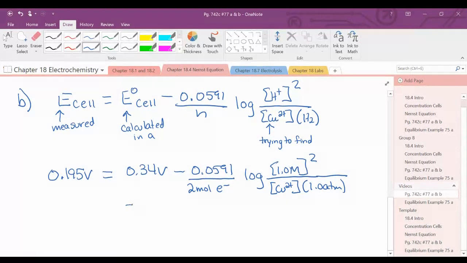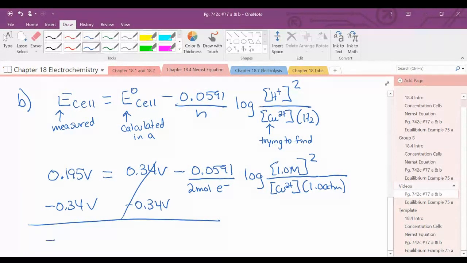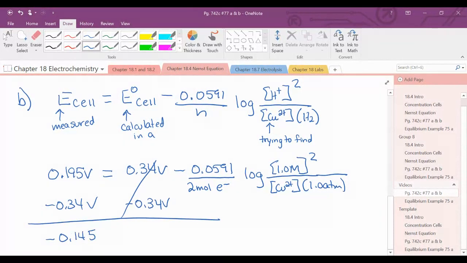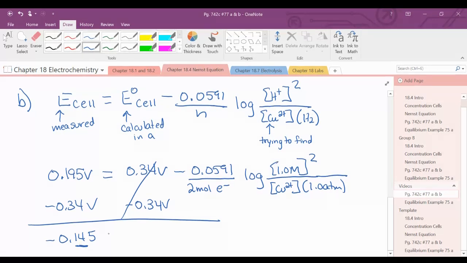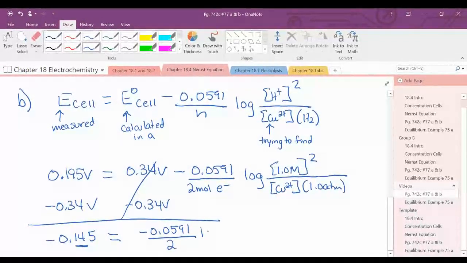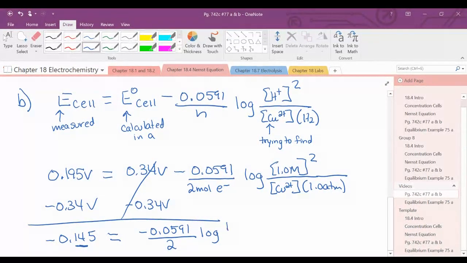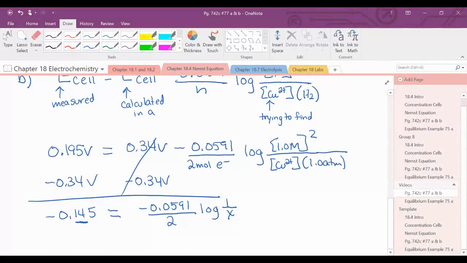We would first subtract 0.34 from both sides. Then we have to keep track of sig figs, but still carry additional sig figs. Since I'm subtracting, I need 2 places behind the decimal point. This would equal the log, and I'm just going to put in an X for the copper cations.